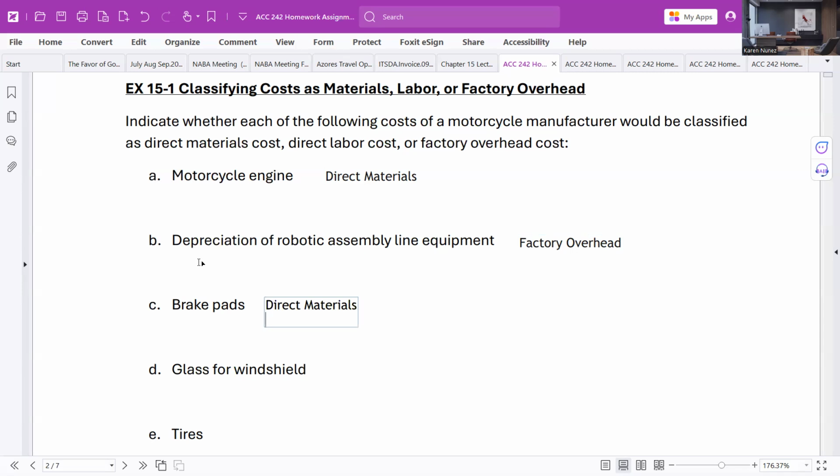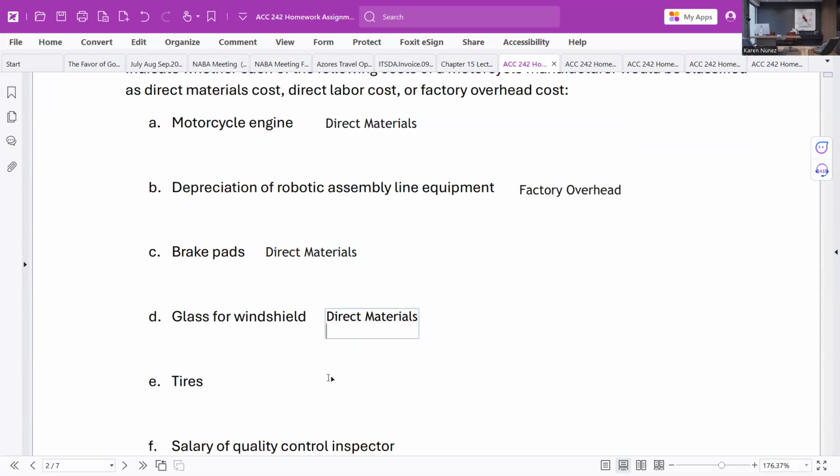Well, that's going to be a significant or an integral cost that you can and should be able to trace. The glass for the windshield is also going to be a direct material. And then you've got tires for the motorcycle. Well, again, you've got some materials that are going to be traceable to that cost object. It's going to be a direct material.